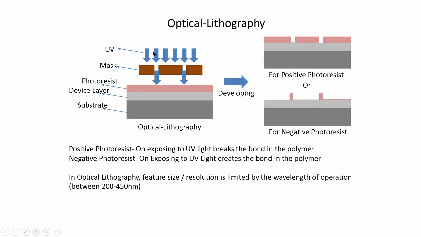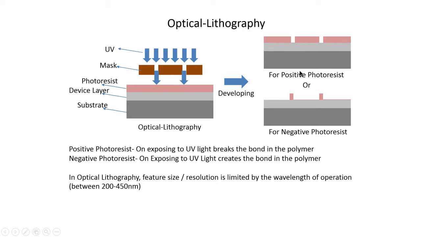Typically an ultraviolet light is used to expose this photoresist. On exposing to UV light, the photoresist polymer bonds break and they become amenable to removal or etching. So, you have different types of photoresists.